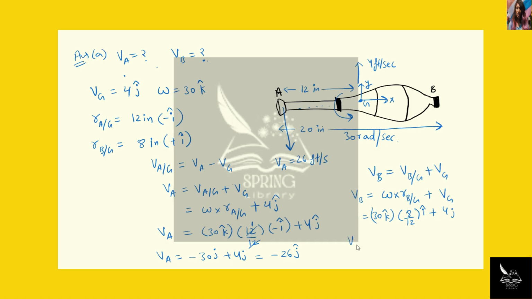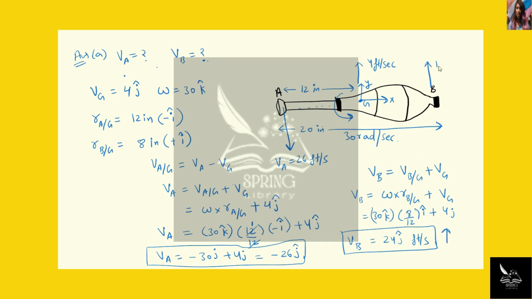Solve this value and we get the velocity of point B is 24 j cap feet per second. So this is the velocity of point B, and this is the velocity of point A. The direction of velocity of point B is upward because of the positive sign, and the magnitude is 24 feet per second.